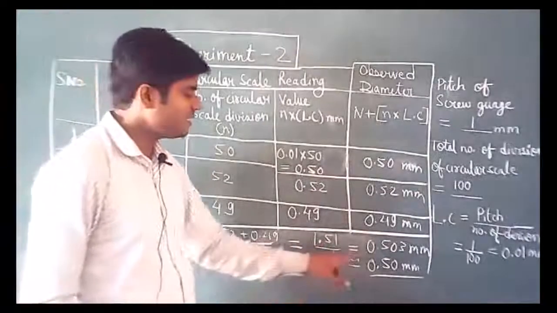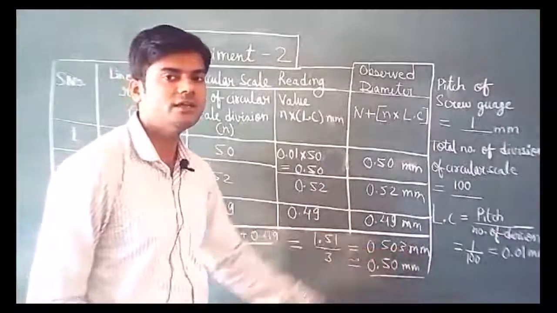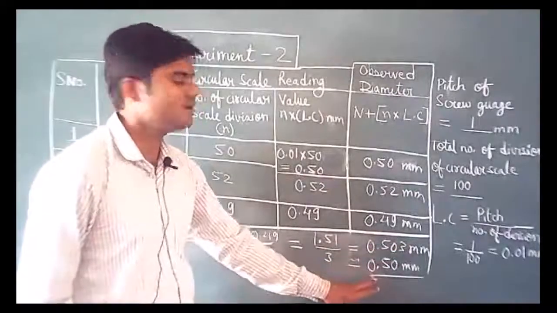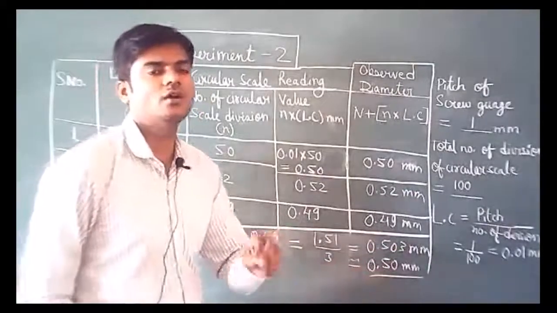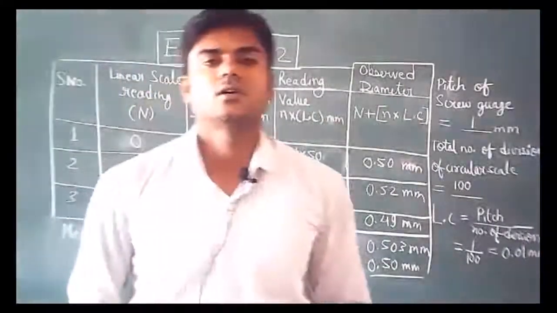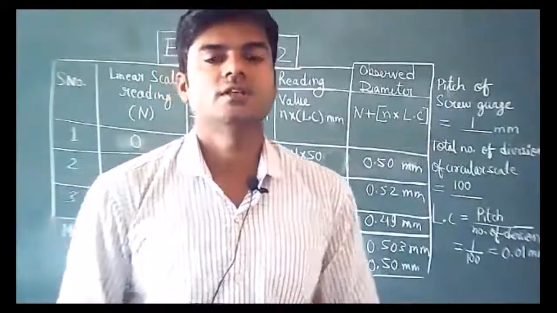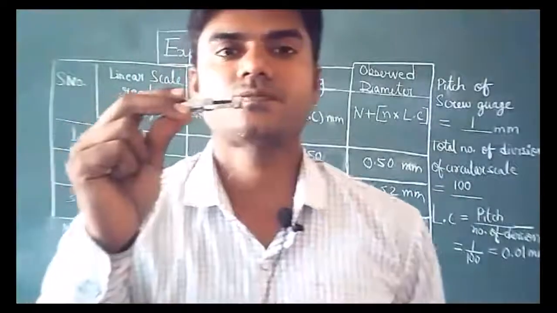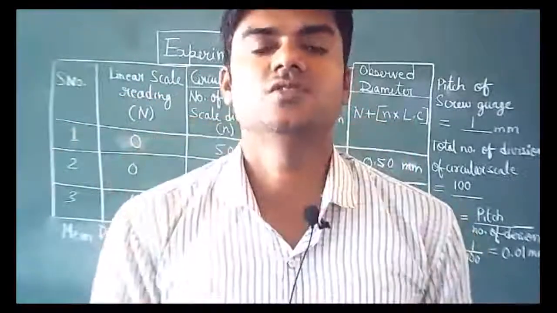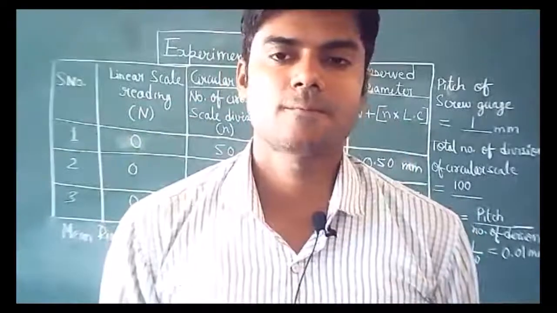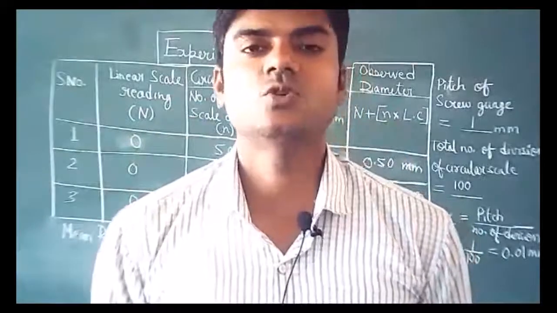When we divide, we will get 0.503 millimeter, which is approximately equal to 0.50 for 2 digits after the decimal. So the diameter of this wire is 0.50 millimeter. And we know the length also, 20 centimeter.